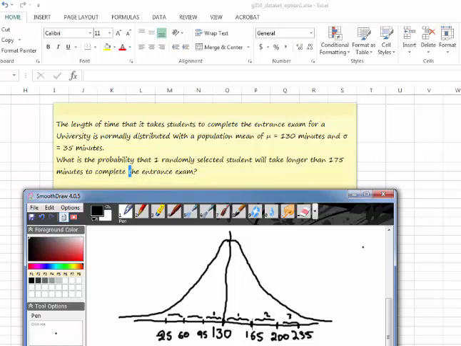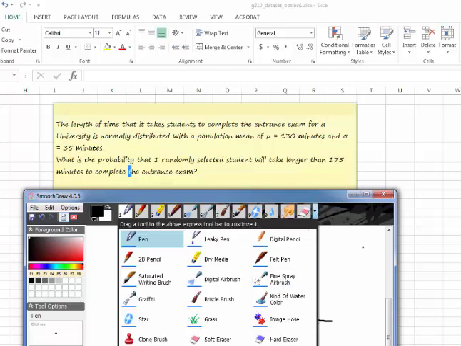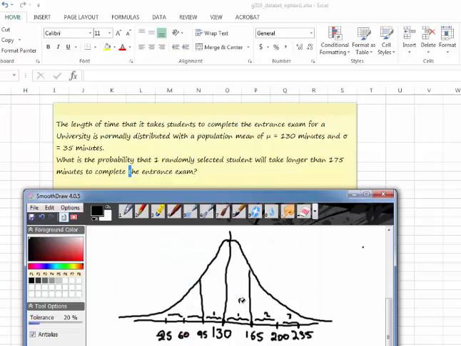This also means that, using the empirical rule of thumb, I'm going to have about a 65% probability of having a student who is in the middle area right here.